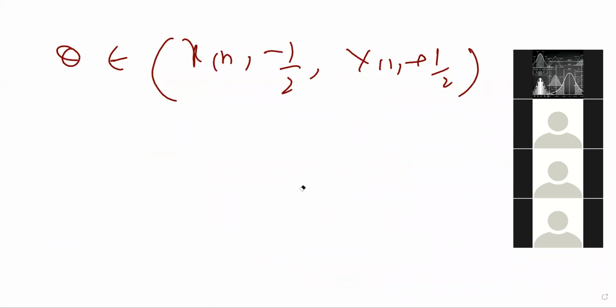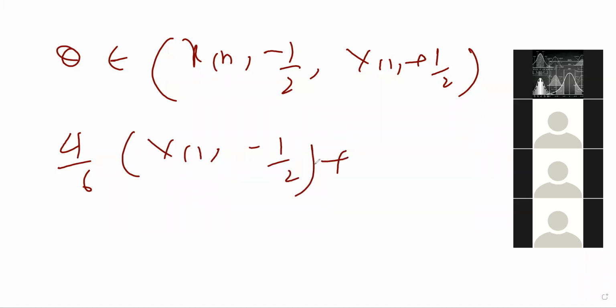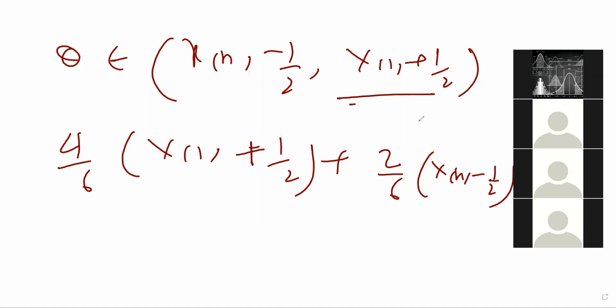This question generally comes in every examination, it can come anywhere. So what was that? 4 by 6 times x1, so x1 plus half, with alpha lying between 0 to 1, plus 1 minus alpha, 2 by 6, times xn minus half.